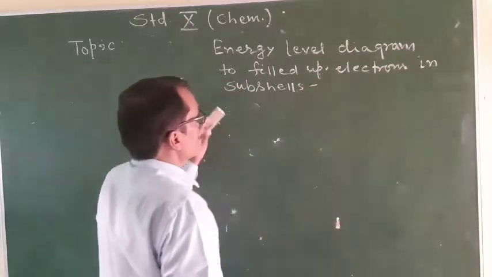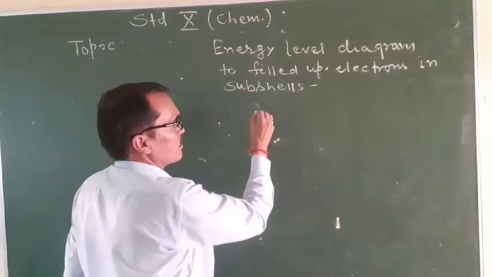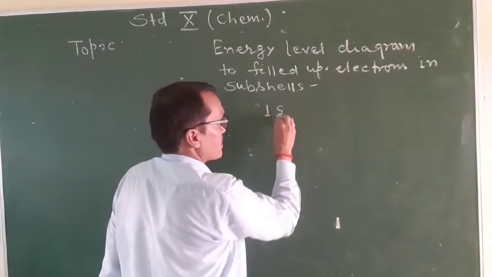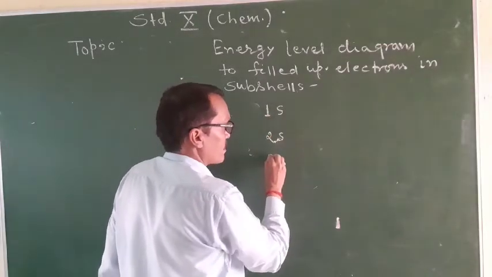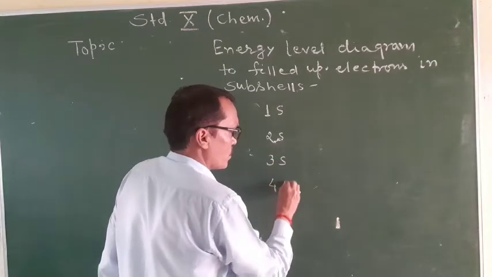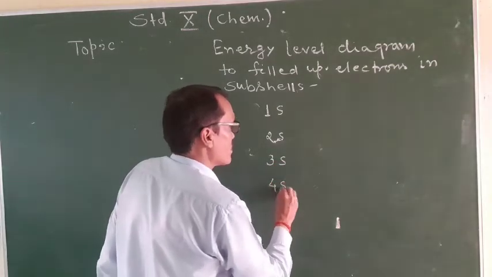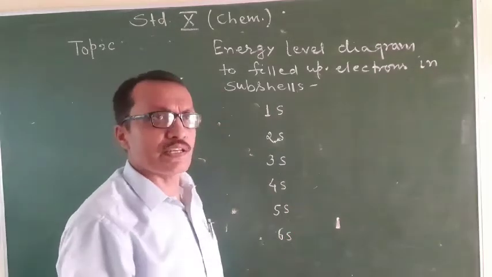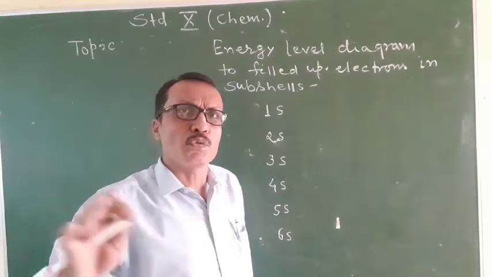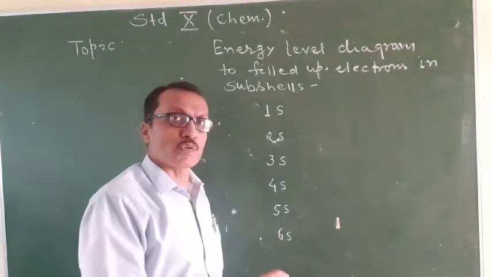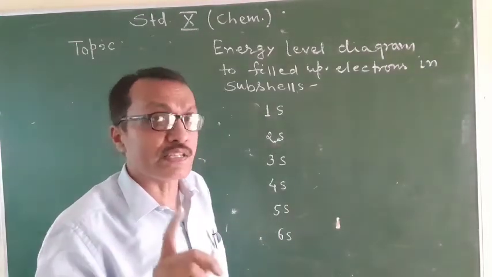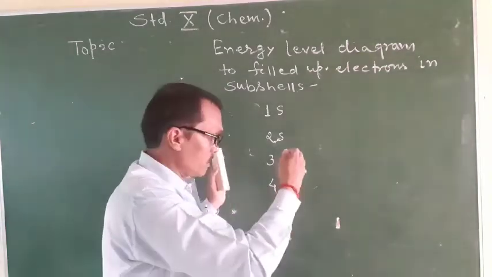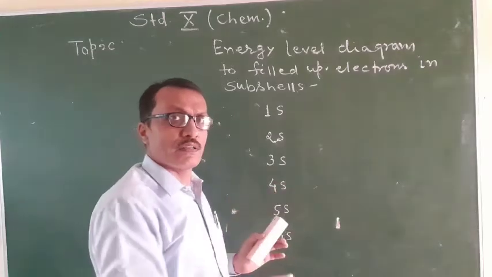Okay? So students, let me write here. From first you have to start. First is 1s, 2s, 3s, 4s, 5s, 6s, 7s, 8s and so on. But here I am showing only up to 6s because so many electrons can be accommodated in these subcells.